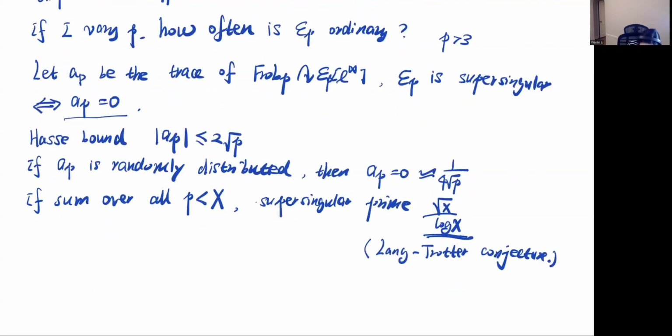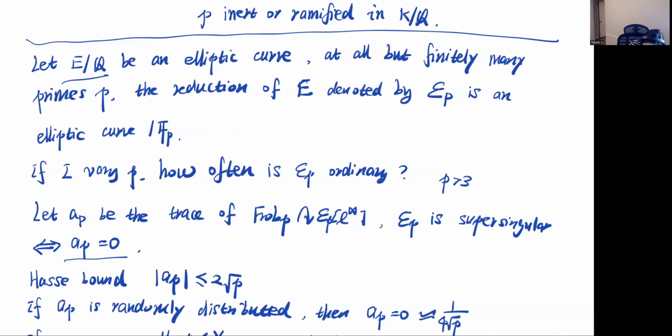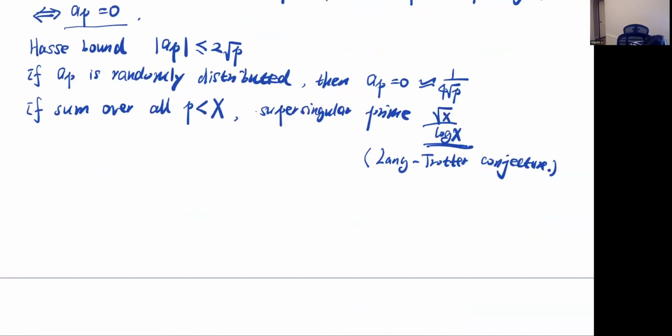But on the other hand, if my elliptic curve is defined over a global field and E has CM, then the distribution of ap is not random.